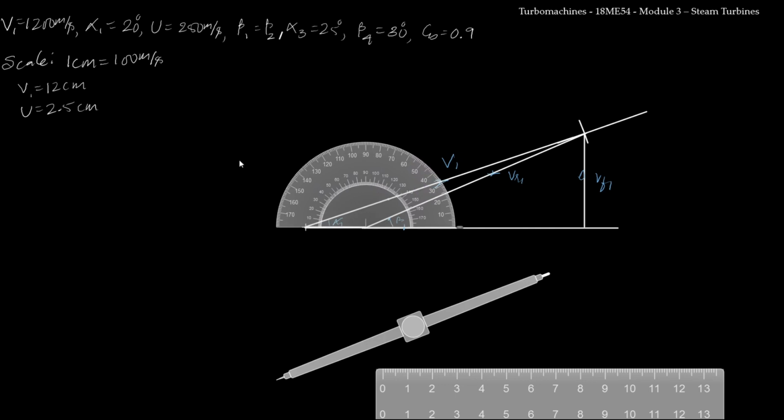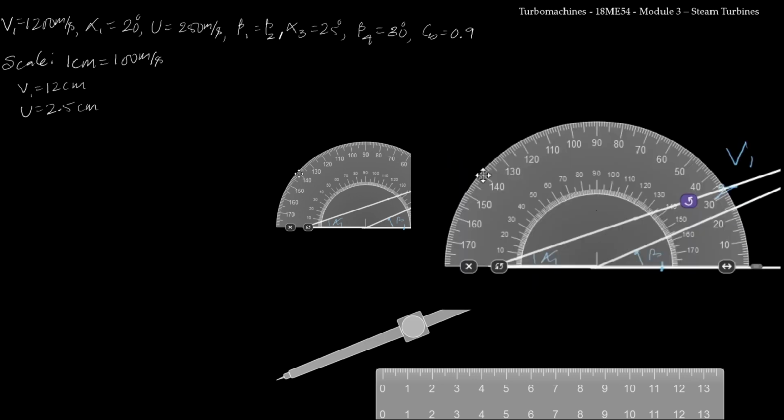You can see that beta 1 is approximately equal to 24 degree. So I'll write beta 1 as 24 degree, which is also equal to beta 2. So here from this side I'll measure 24 degree.